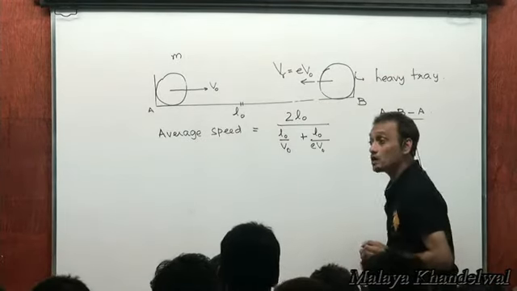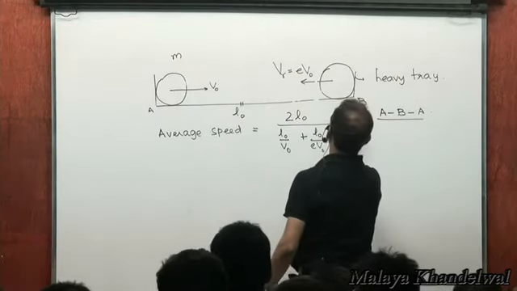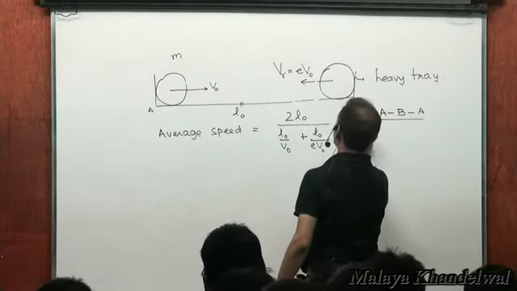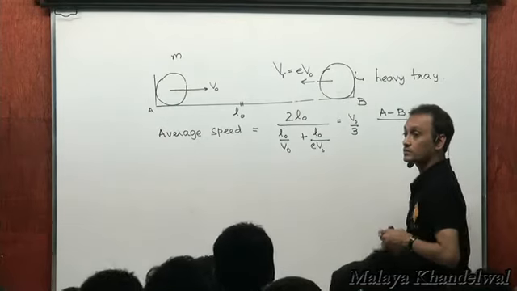That's the average speed in a round trip, and that's given to be v0 by 3.